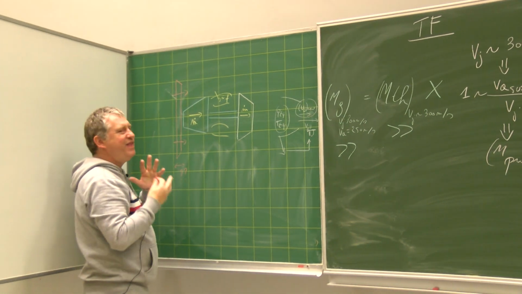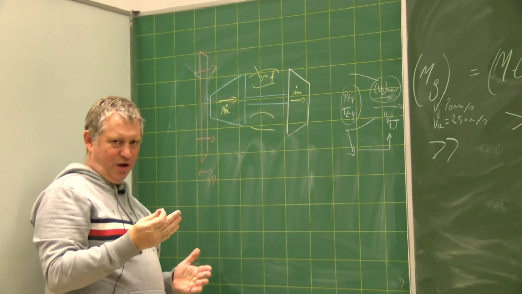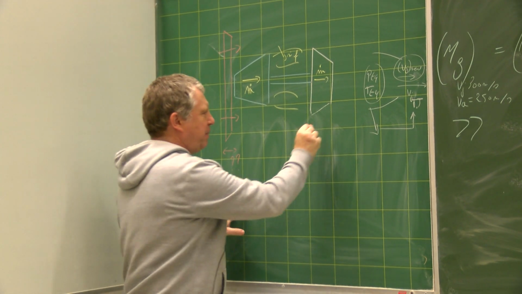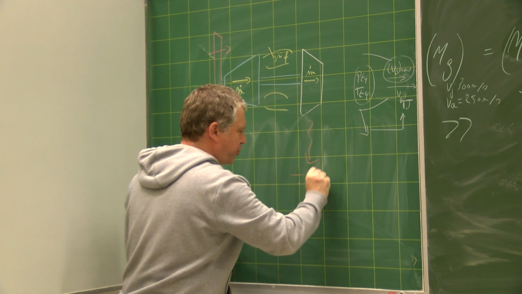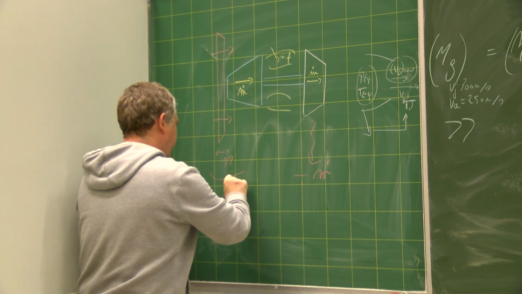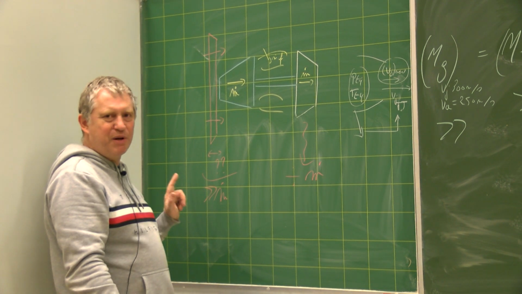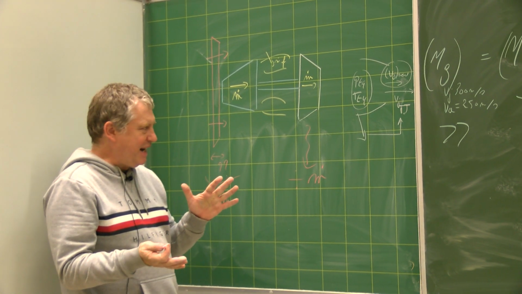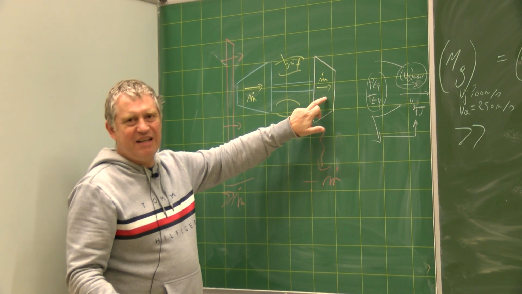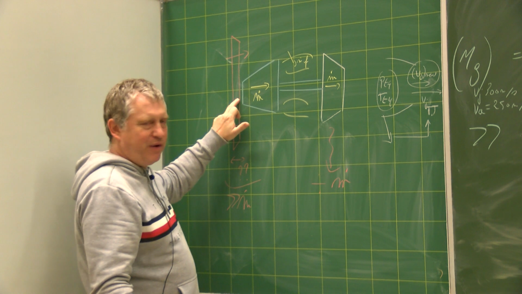where I have another mass flow rate in order to create an unbalance in the power, because this power is proportional with m dot, and this power is proportional with a mass flow rate that is much higher than m dot. And you see, like this, you create an unbalance between what is driving and what is driven.